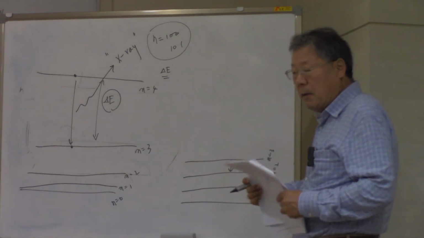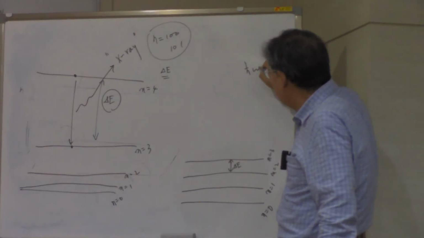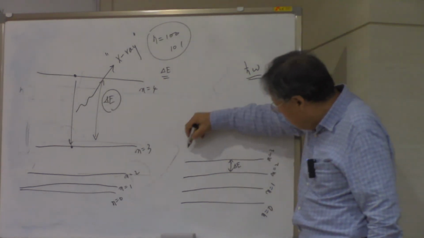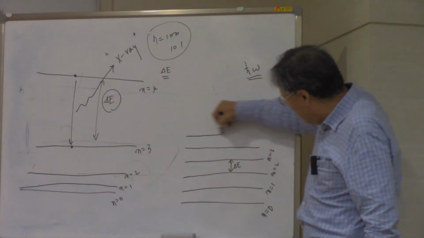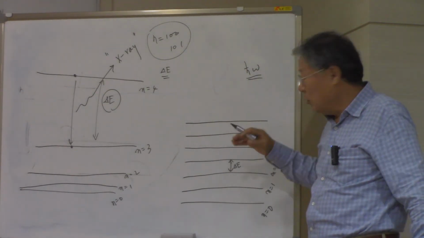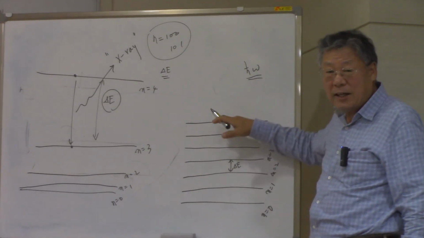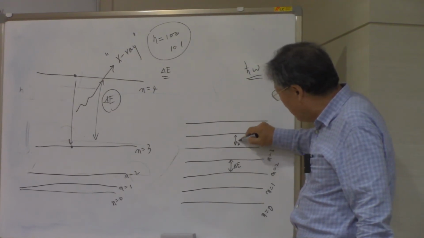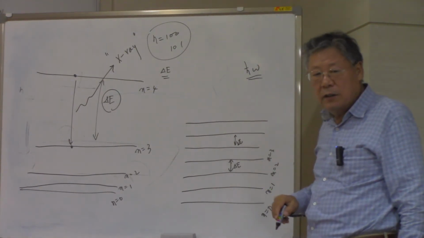It's a multiple of h bar omega. Okay? So no matter how high it is excited, there is always a nearby available energy state.